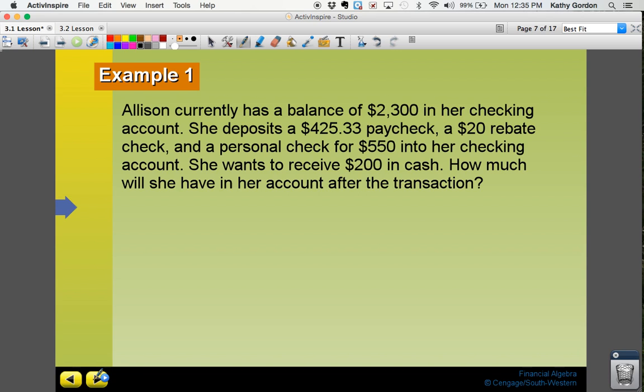Okay? So it's kind of like saying, I'm going to go to the bank, I'm going to put this money into the bank, and instead of then walking out the door and walking around the corner to the ATM machine to take my $200 out, I can just take care of it all at once when I make my deposit. If I'm going to be standing there at the teller anyway, I'm going to give her money, she's going to give me a little back, and she's going to put the rest in my checking account. Okay, so that's the situation here.